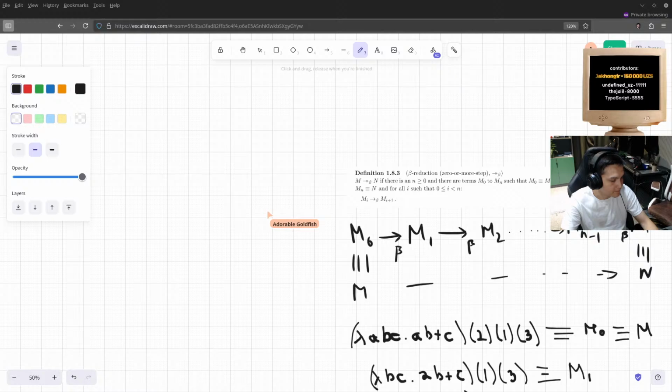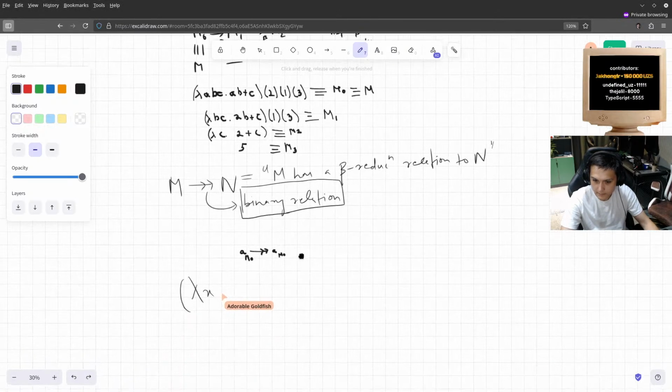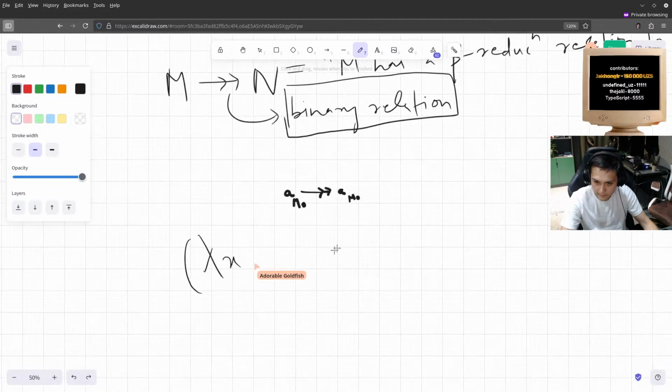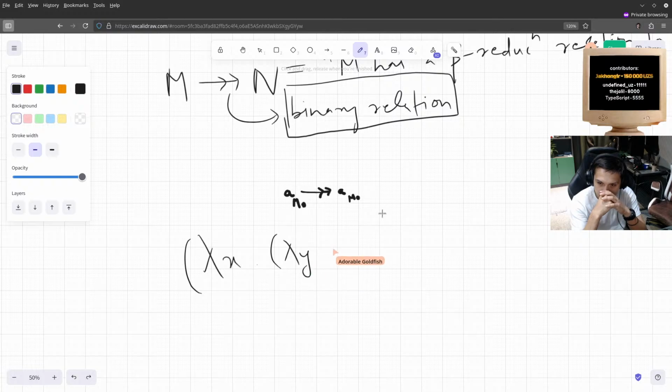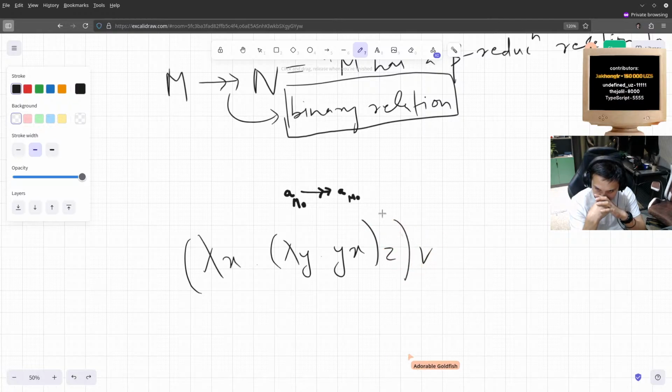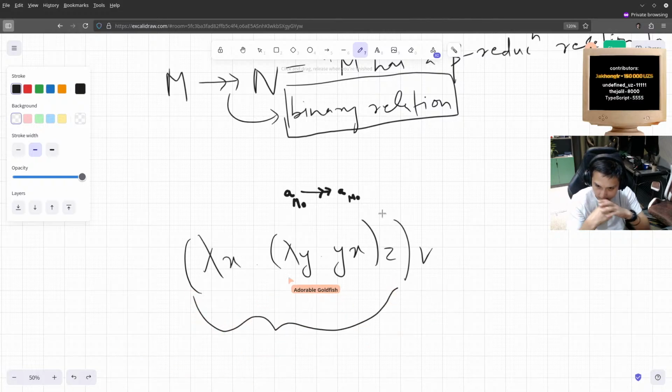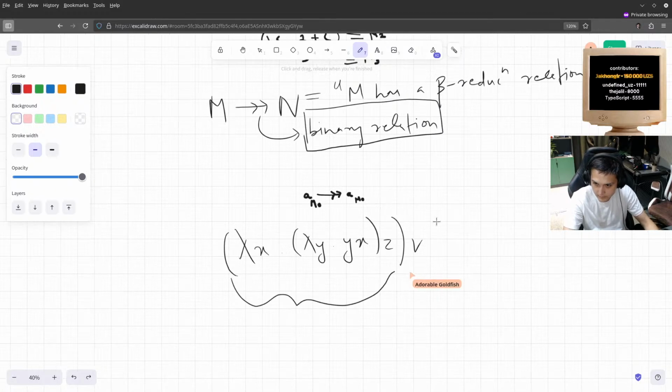So I think we already saw this example that they give: lambda x dot lambda y dot x z v. We saw how it can be reduced. If you reduce the outermost one, you get something, and then you reduce the innermost one, you get something.